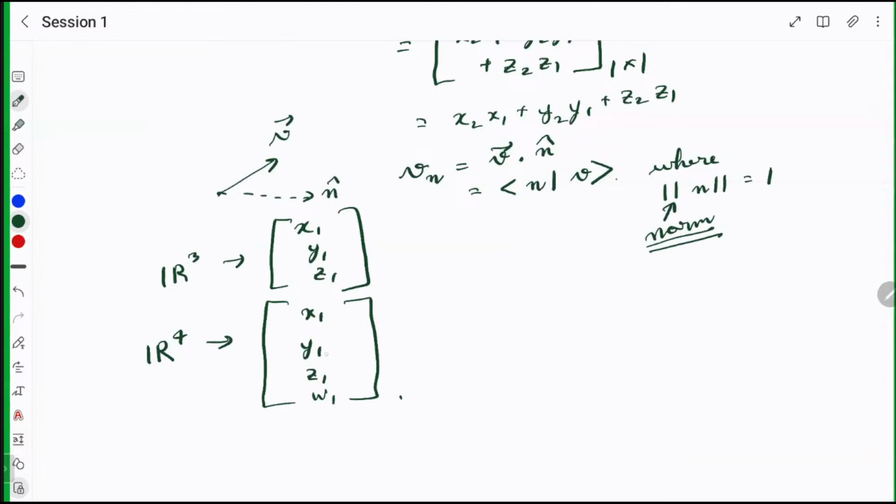So this x1, y1, z1, w1 column matrix is again a vector, just like the x1, y1, z1 column matrix was a vector, but you cannot visualize this vector, or rather, you cannot physically point it out to me. This is some abstract vector, a generalized form of the real space vector. Is that all right? Is there any problem with that generalization?